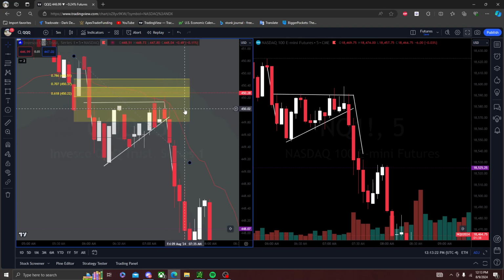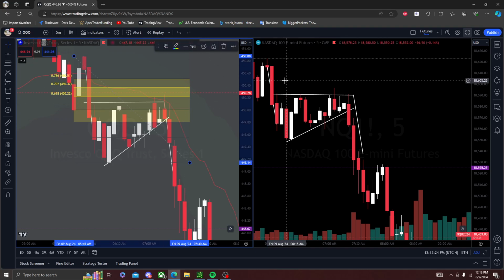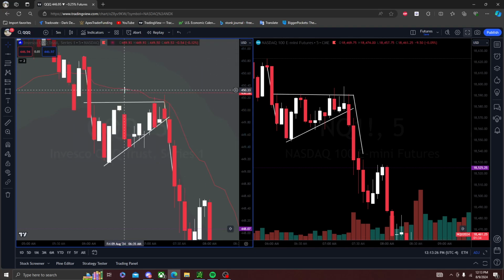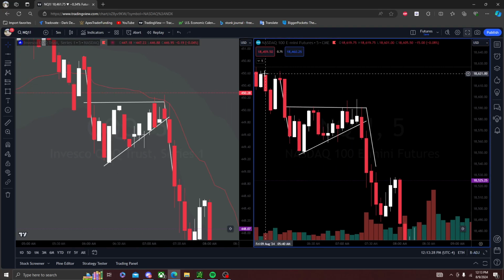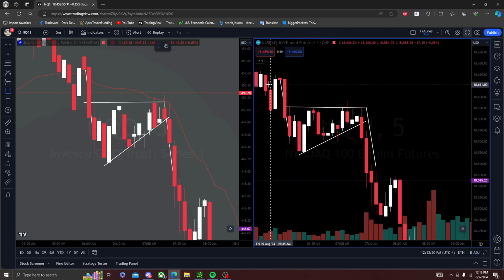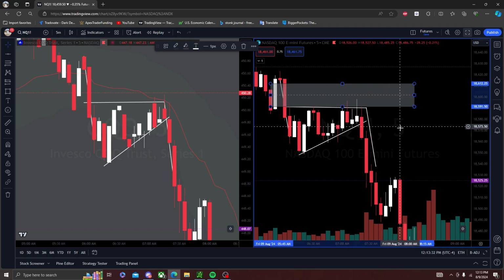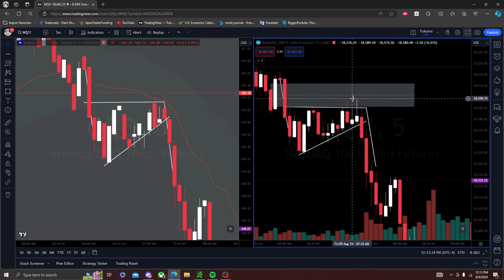So this is technically an A plus setup for me, right? Multi-confirmation setup. You even have some imbalances, previous 5 minute fair value gap right here, depending on where your entry was, right? Maybe got somewhat close to a halfway fill on this wick, right? This is another great confluence for us to reject here.